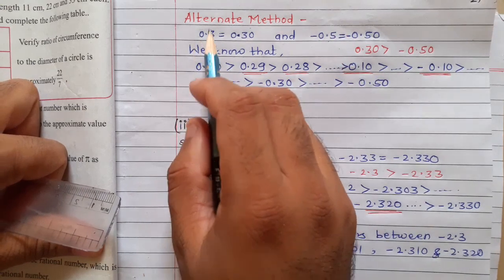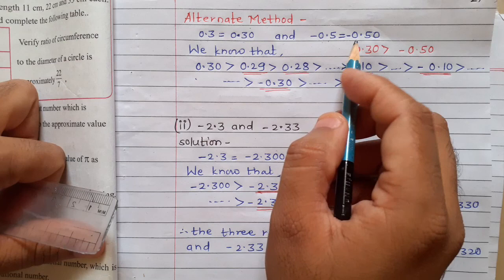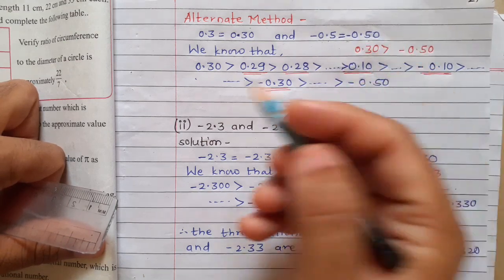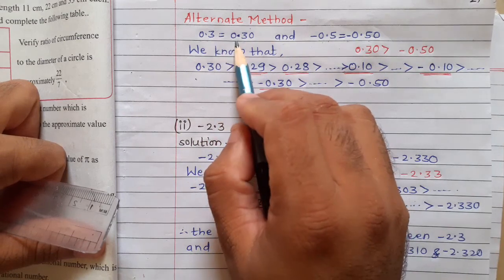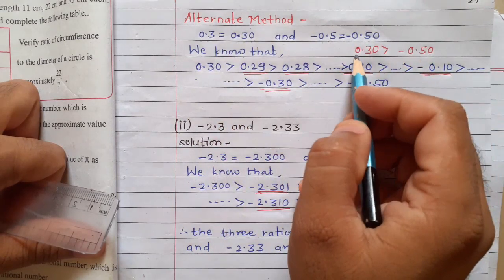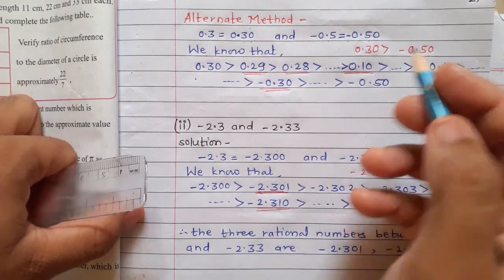So here 0.3 can be written as 0.30 and minus 0.5 can be written in the form of minus 0.50. So we know that 0.30 is greater than minus 0.50. Obviously.